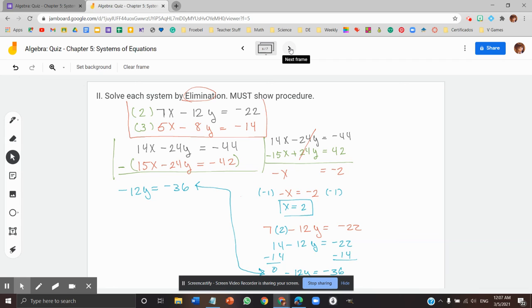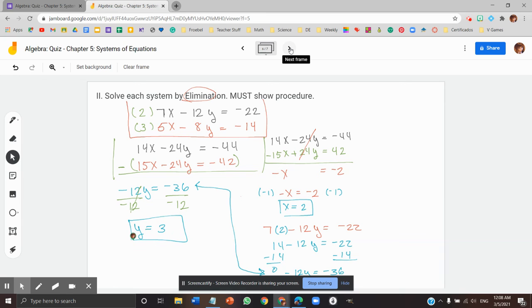So I have to leave it all by itself. So I'm just going to divide by negative 12 on both sides. Here it's going to get canceled, it's going to be 1, right? And I'm going to be left with y on my left side. And negative 36 divided by negative 12 is going to be 3.